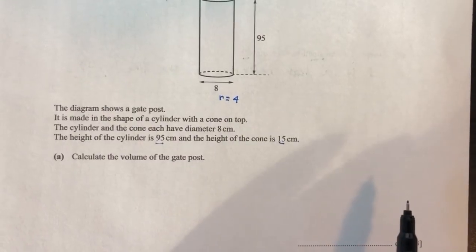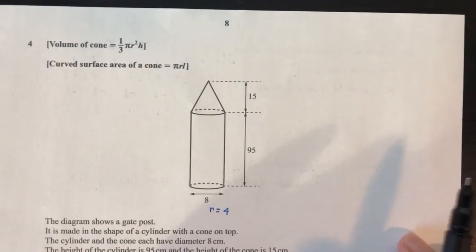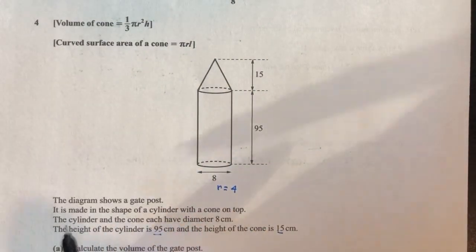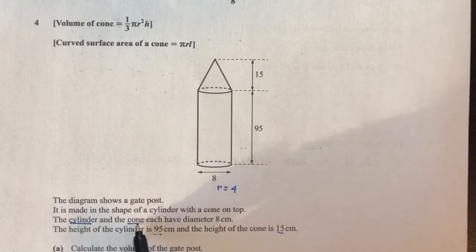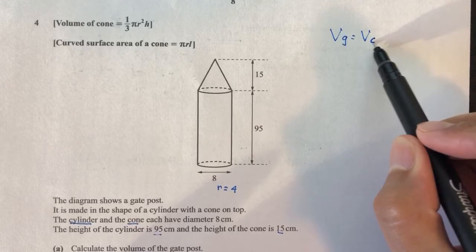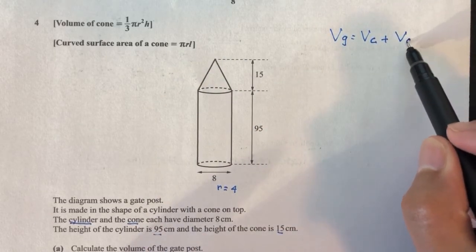Good. Part A, calculate the volume of the gate post. So how do you find the volume of the gate post? As you can see, it is a cylinder and a cone. So volume of gate post is volume of cylinder, which is this one, plus volume of cone.